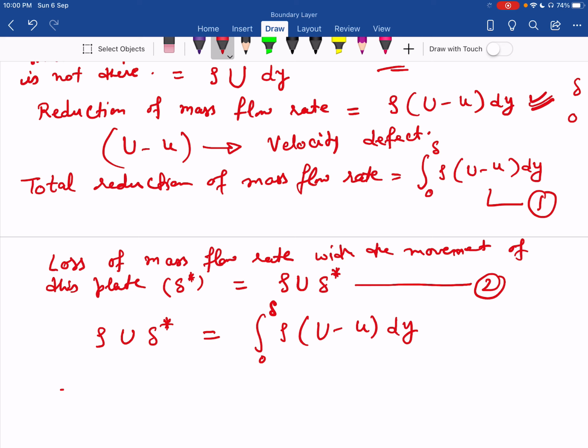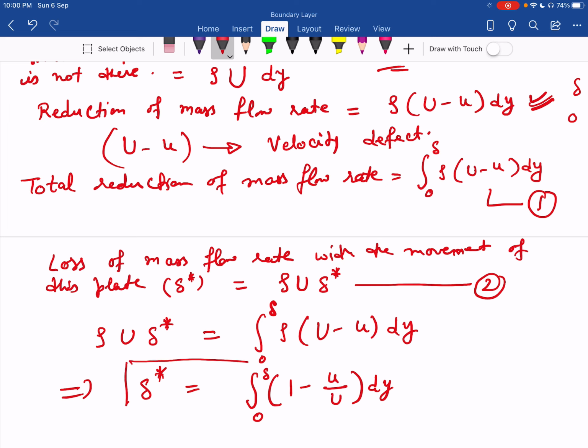Now I rearrange the terms and I can write delta star is equal to the integration of (1 minus u divided by capital U) dy, where y varies from 0 to delta. This is the formula that gives us the displacement thickness. With the help of this formula, I can calculate the displacement thickness.